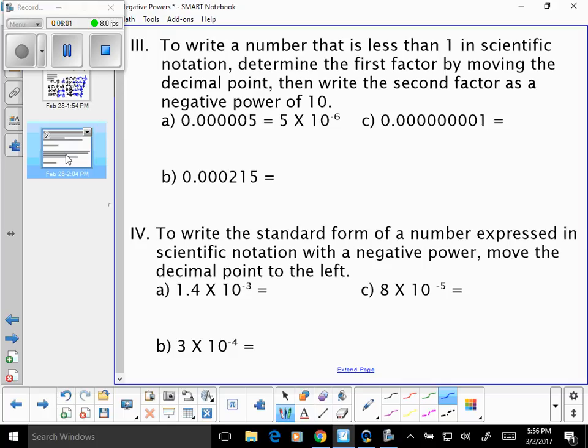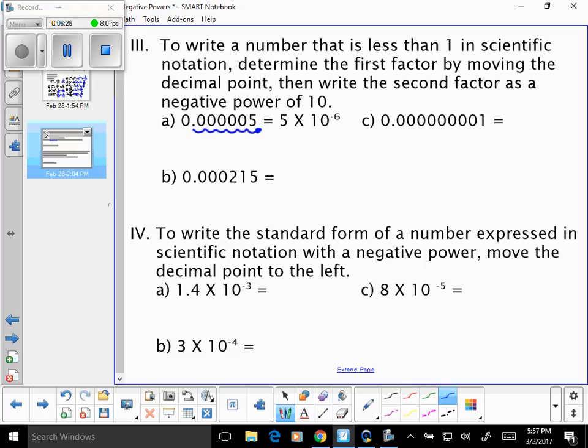We move the decimal point, but we write the second factor, that power of 10, as a negative power. If we look at example A, that decimal point is going to go 1, 2, 3, 4, 5, 6. So it's 5 times 10 to the negative 6.